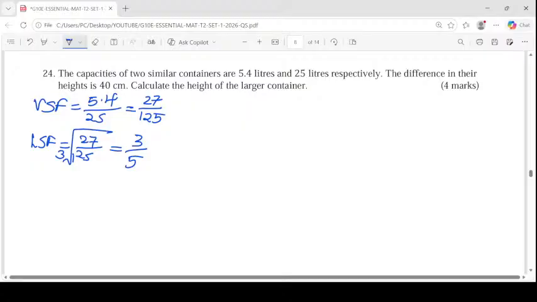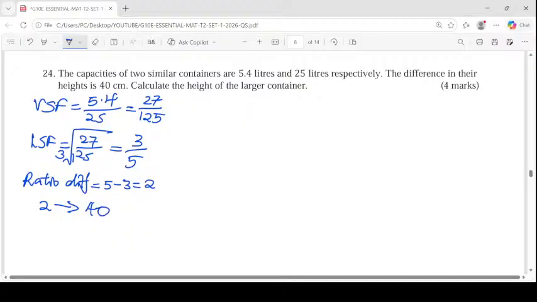They are saying that the difference in their heights is 40. The difference in the ratio should be equivalent to the difference in the height. That's what I want learners to understand. Let's get the ratio difference, which will be 5 minus 3, giving a ratio difference of 2. So this 2 represents a difference in height of 40.